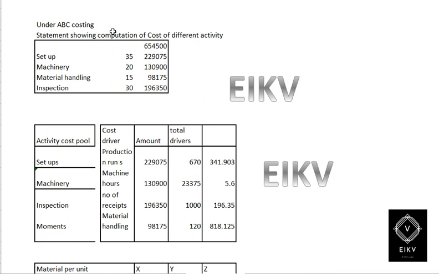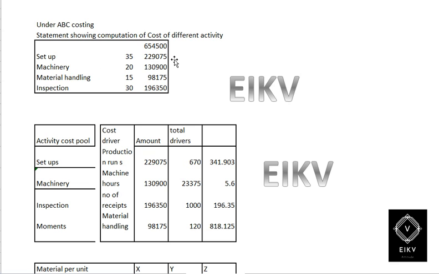I will now explain how to compute the costing as per the ABC activity-based system. The first statement is the computation of cost for the different activities. We know the total cost is 6,54,500. The cost for each activity will be the cost multiplied by the percentage given, which is 35 for setup, 20 for machinery, 15 for material handling and 30% for inspection.